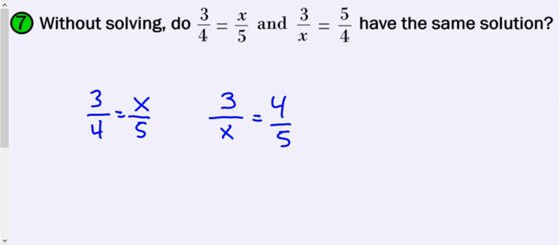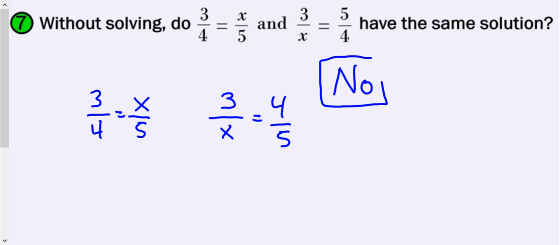So if we switched from 3 over 4 equals x over 5, and we just did the rows, it would be 3 over x equals 4 over 5, and we have 3 over x equals 5 over 4. So these do not have the same solution.